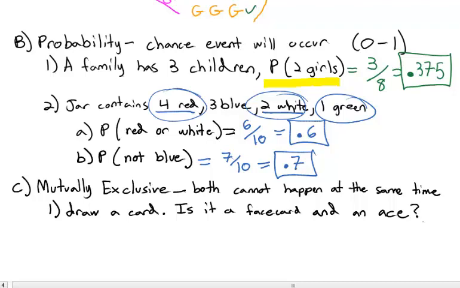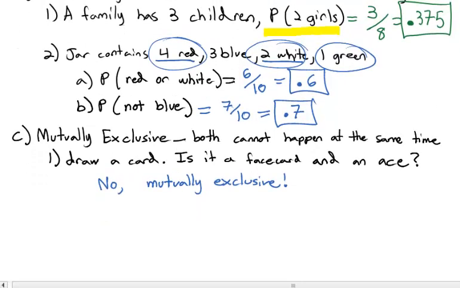You could be a face card, that's Jack, Queen, and King, or you could be an ace, but there's no way to be both a face card and an ace. So, is it a face card and an ace? No, it can't be, because these two things are mutually exclusive. You can't have both at the same time.